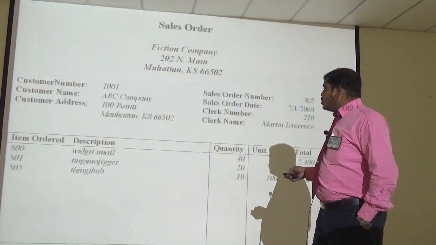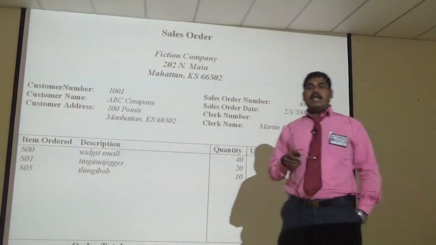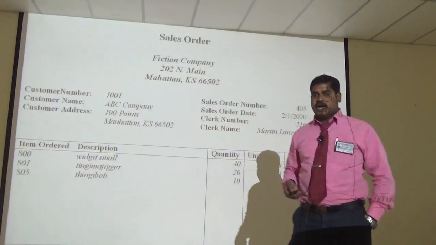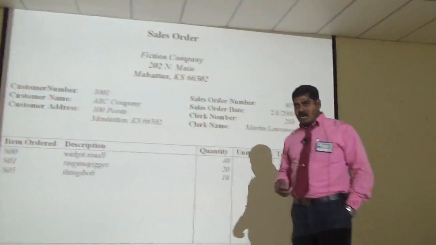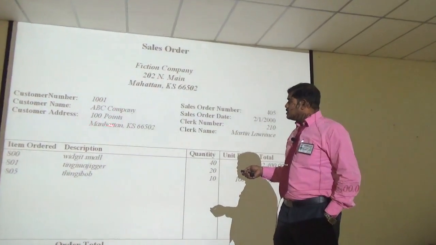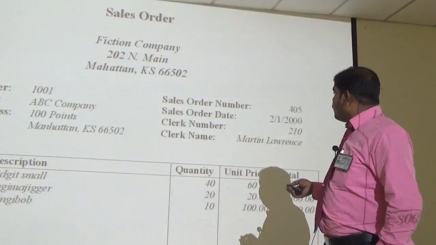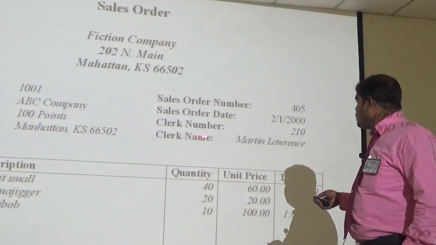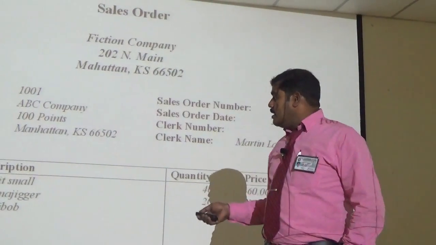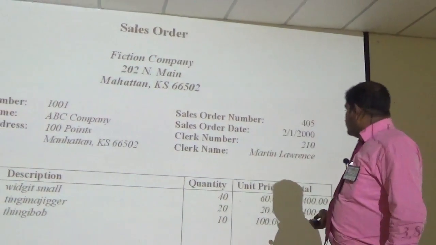Coming here, we'll add these records into the very big table. I am adding the first record: 1001 ABC company, 1000 parts, the address, sales order number 405, sales order date 2/1/2000, clerk number 2000, clerk name Martin Lawrence, and then 800 widget small 40 60.